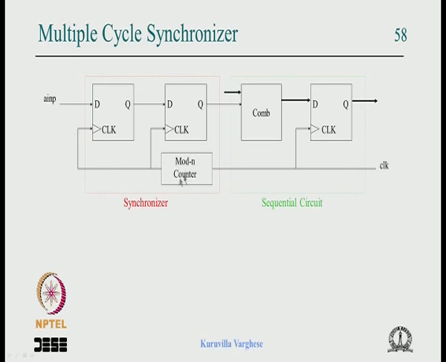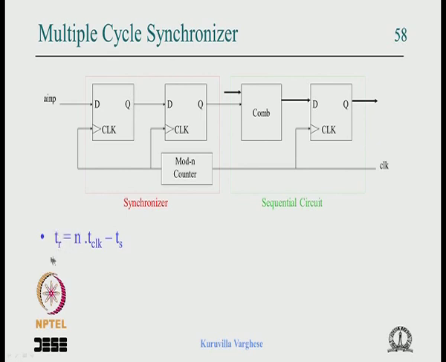So in a mod n counter the clock period is n into T clock. So the TR is nothing but n into T clock minus setup time. So now we have improved the TR by an order of 2 times, 3 times or 4 times, and this should be sufficient.